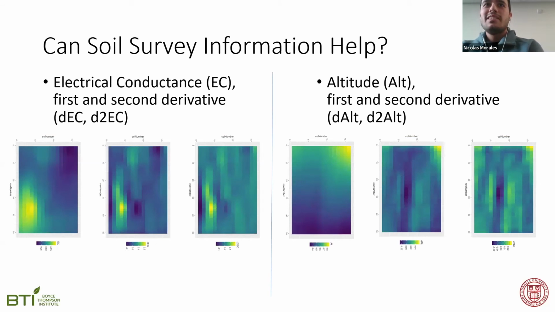And lastly, I want to look at whether soil survey information can explain some of this local environmental variation. In 2019, we have electrical conductance measurements and altitude measurements that were measured by Nick Kazmar.